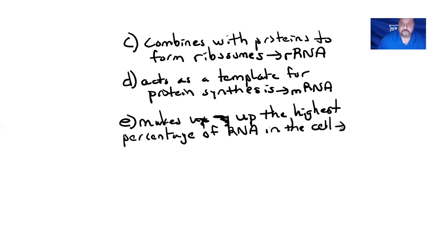And essentially the most abundant type of RNA that we have is the ribosomal RNA. All right, so hopefully just by looking at these questions and with a little bit of extra in-depth information, we now have a pretty good idea of the 3 different types of RNA that exist.